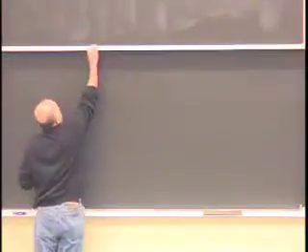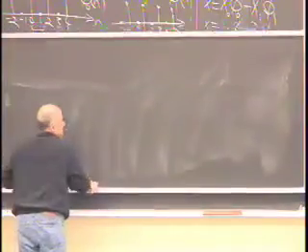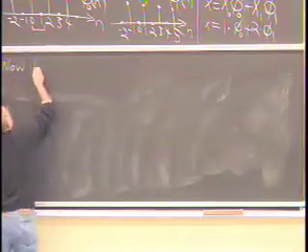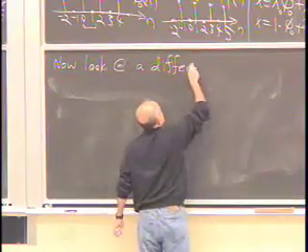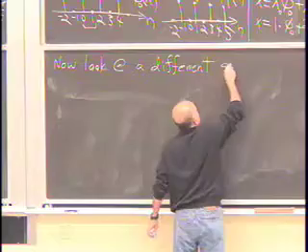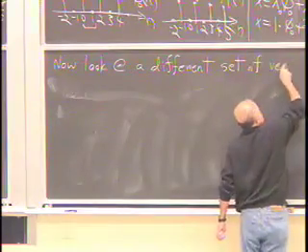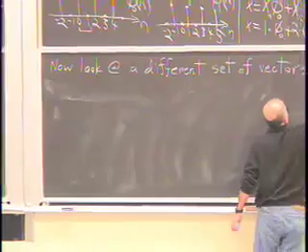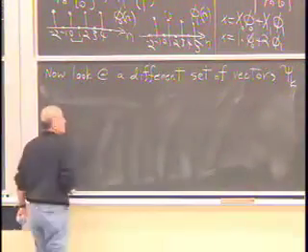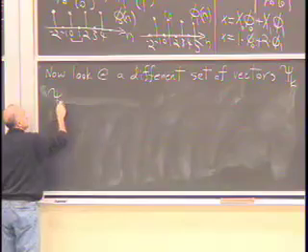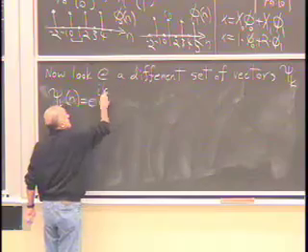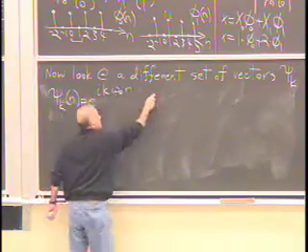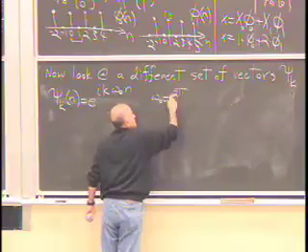Things changed when we looked at another set of vectors. Instead of phi 0, phi 1, now look at a different set of vectors c_k, where, for example, in our two-dimensional case, I pick c_k[n] to be e to the j k omega naught n, where omega naught is related to the period.